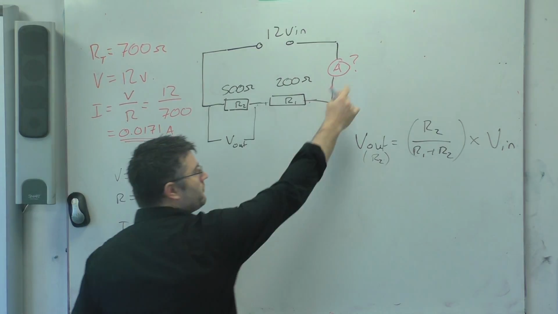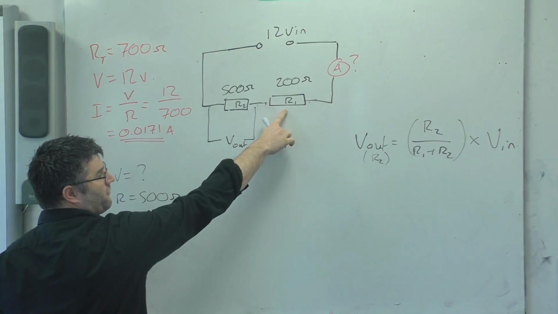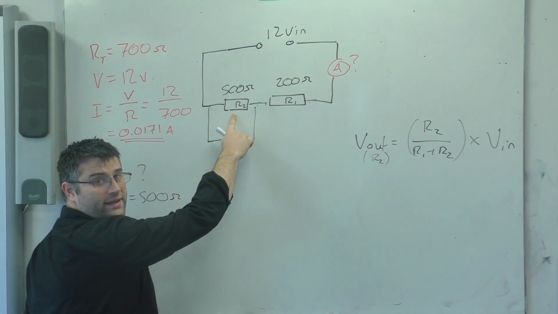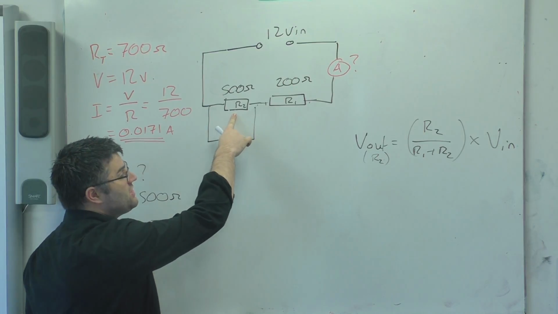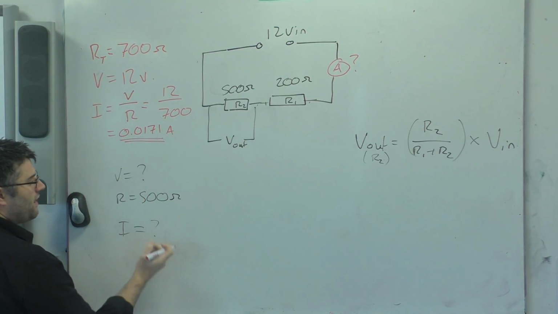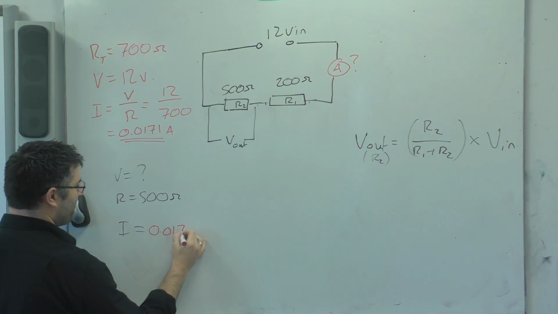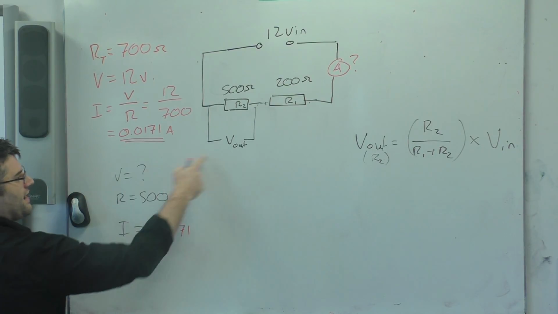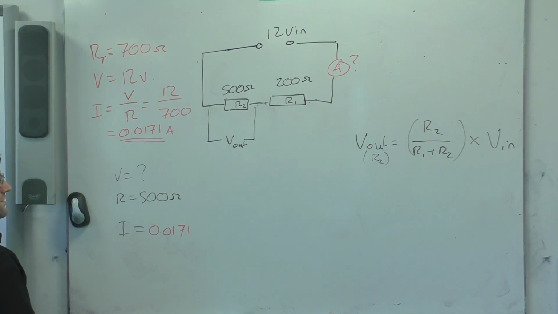So if that's the current there, is the current going to be any different there? And is the current going to be any different there? Hopefully you should be telling yourself, actually, no, it's not any different. There's no difference whatsoever. And so as a result, I can then tap in that current there, 0.0171. I now need to know what the voltage is out across R2.